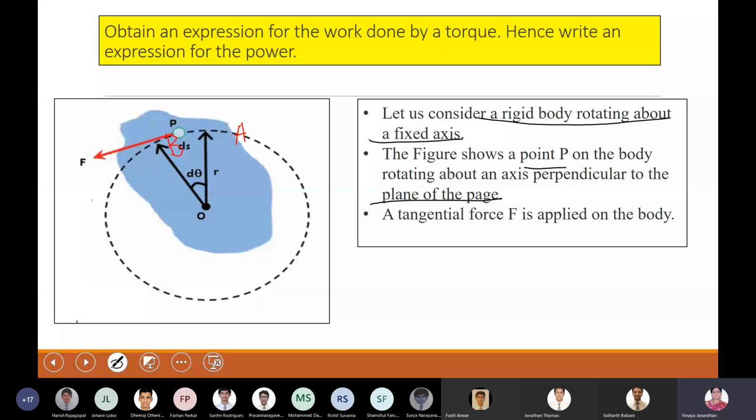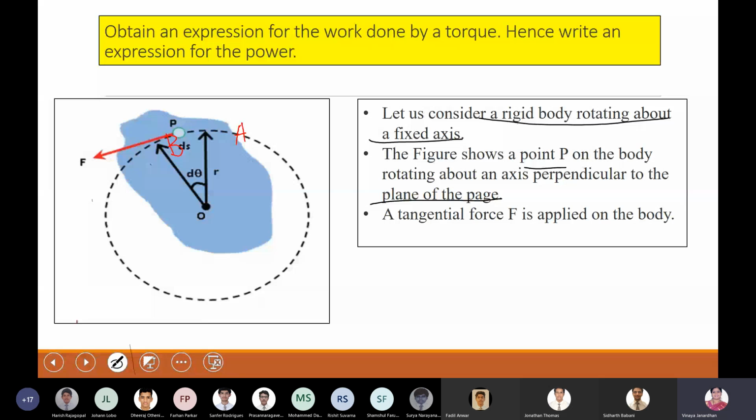So if the body has to rotate, you have to apply a tangential force. When you apply a tangential force, the particle P of the body moves from point A to point B, so that the angular displacement is d theta and the linear displacement is ds.